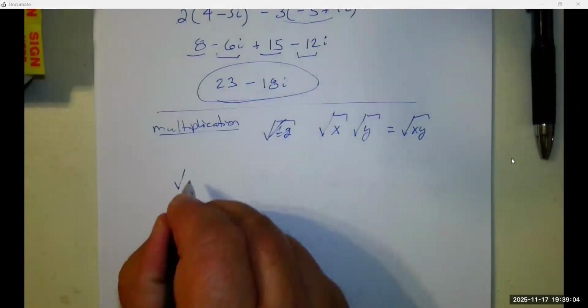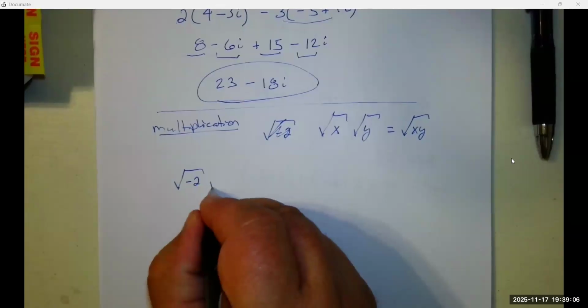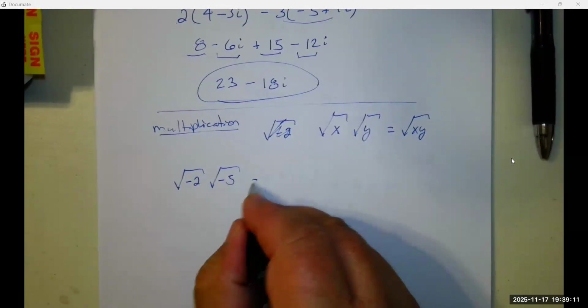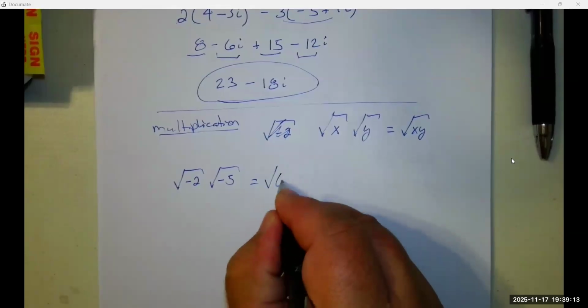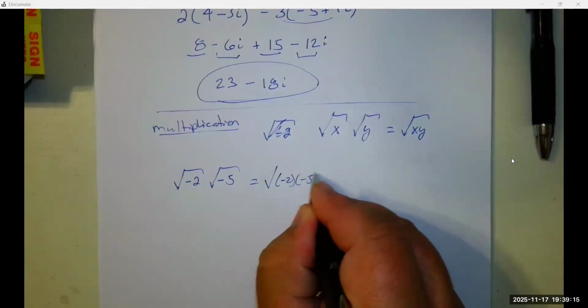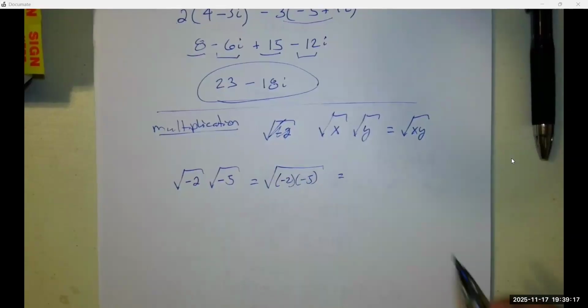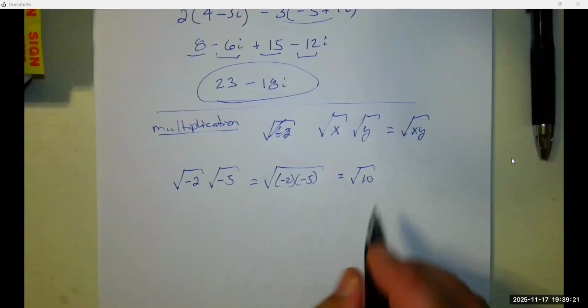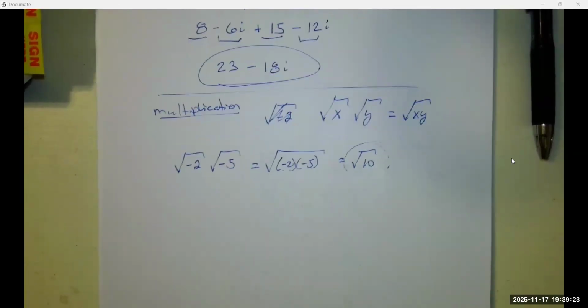Because if I gave you the square root of negative 2 times the square root of negative 5, and you followed that rule, we have negative 2 times negative 5. Negative negative is a positive. 2 times 5 is 10. Then you'd say the answer is square root of 10. That's wrong.